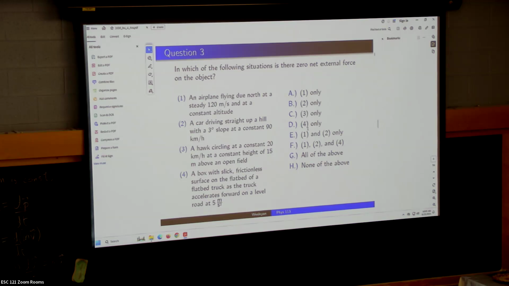So to clarify, in case 4, the object we're looking at is the box, not the truck, just the box.